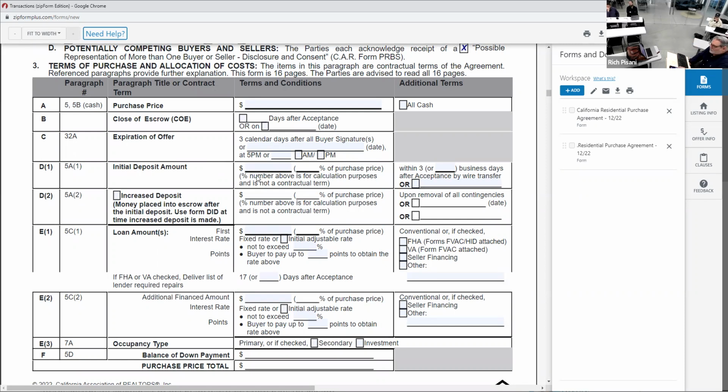I've had instances where, because there were delays on the lending side, they said, okay, fine, we'll let you go another week or a few days if you give us more deposit. Right. Yes, there you go. Thank you, Cindy.